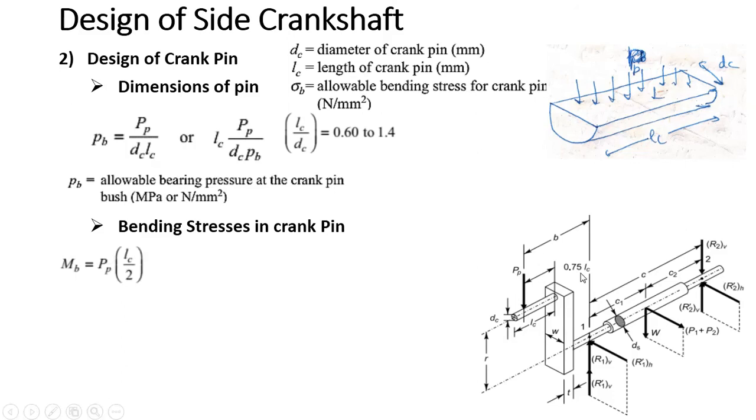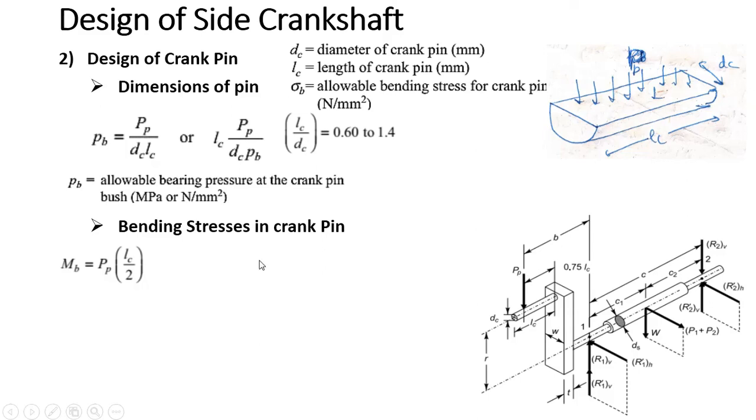We want to know how much bending stress is created on this pin, and whether it is allowable or not. So for that, one simple case is considered: either we assume that this force PP acts uniformly distributed along this bar, and in that case the overall load acts at the center, and you will calculate PP into L by 2.